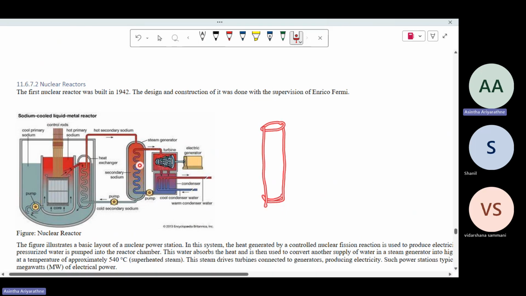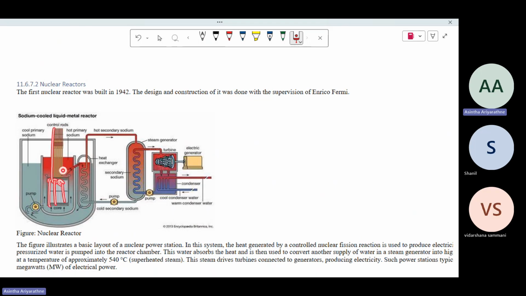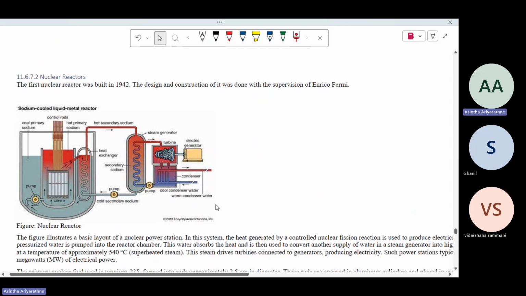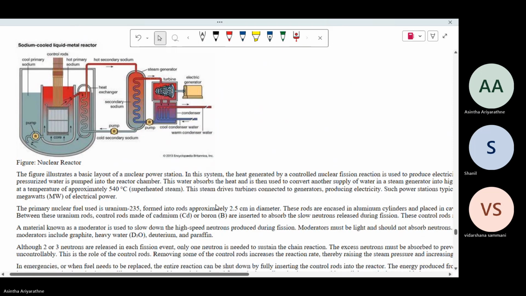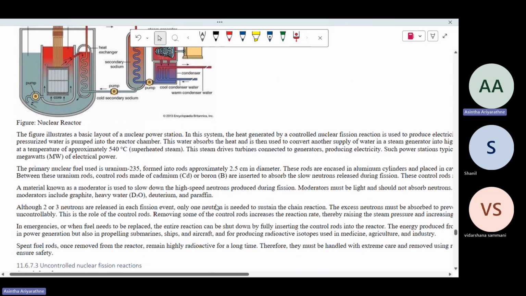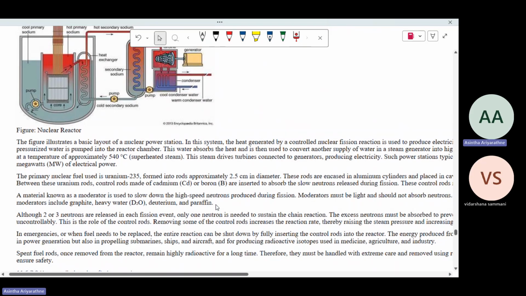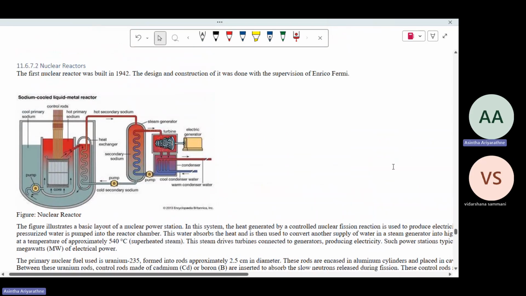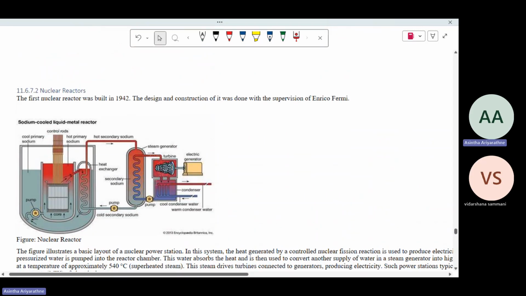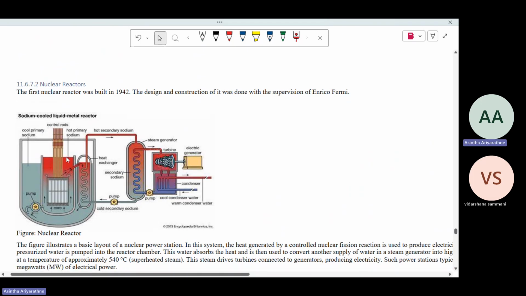So these are uranium cylindrical rods, and these are called control rods, which are made of boron or cadmium.